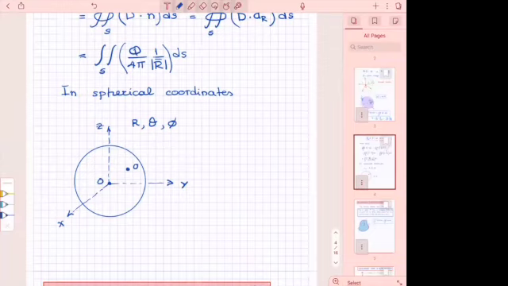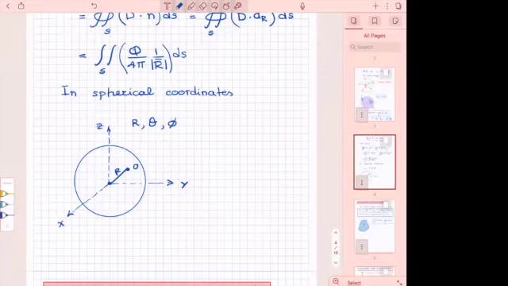Let's keep that point O. We connect this point with the center of the coordinate system, and that is R, the radius.